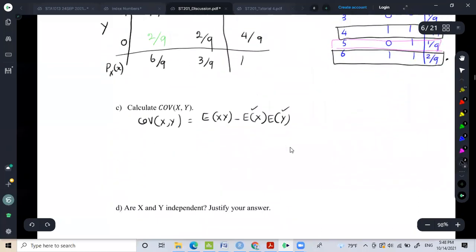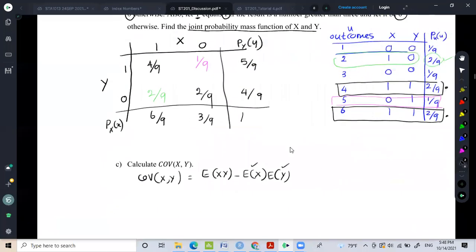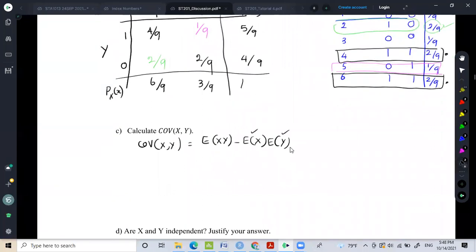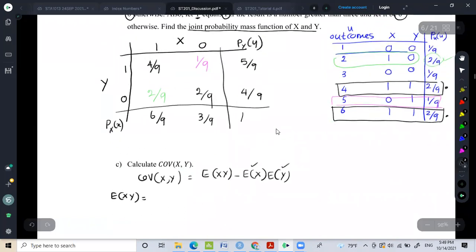So we have everything in order to find EXY, EX and EY. Okay, so let's start with EXY. In order to find EXY, you need the joint probability, right? So how do you find EXY? Sum of X times Y times the joint density of X and Y. So how many combinations are there? We have 2 combinations.